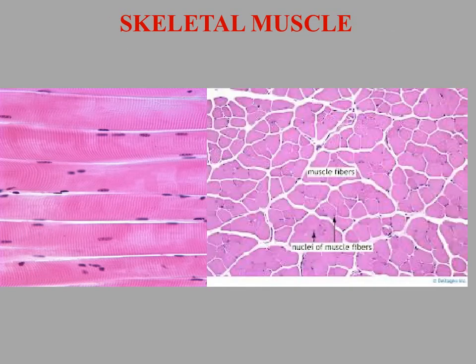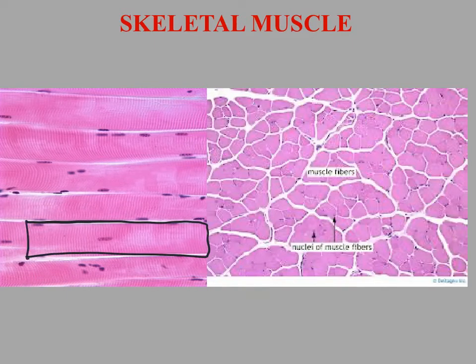We can look at skeletal muscle underneath the microscope, and you can really quickly see the differences here. I'll use this one down at the bottom. Here's one individual skeletal muscle cell, so you can see its shape. It's long and cylindrical. And then also, each one of these structures is a nucleus. You can see those nuclei here and here.